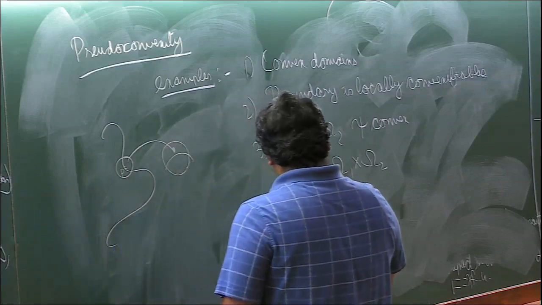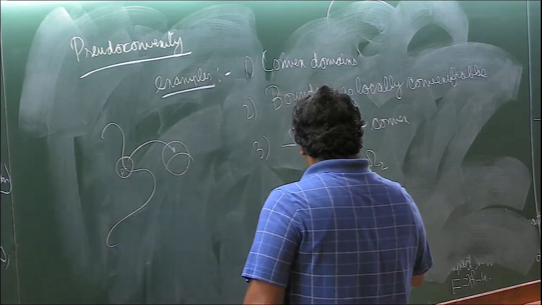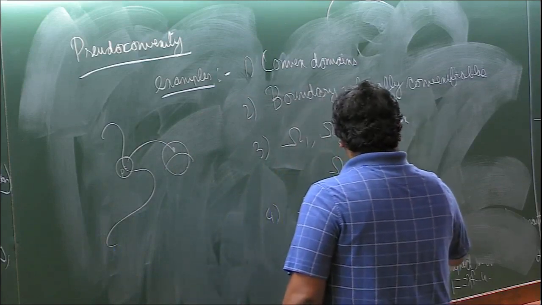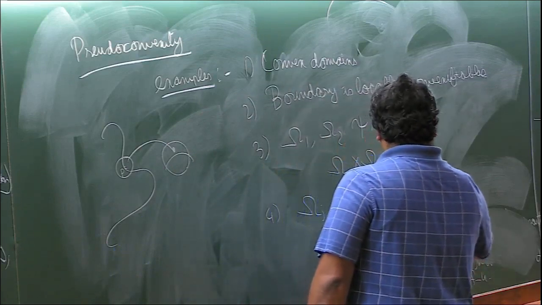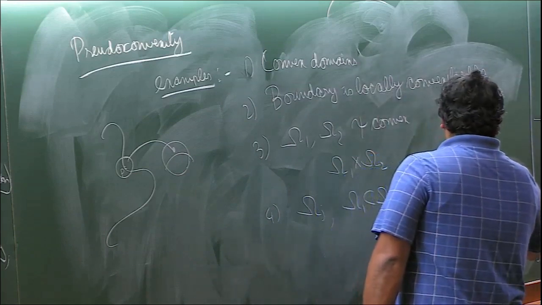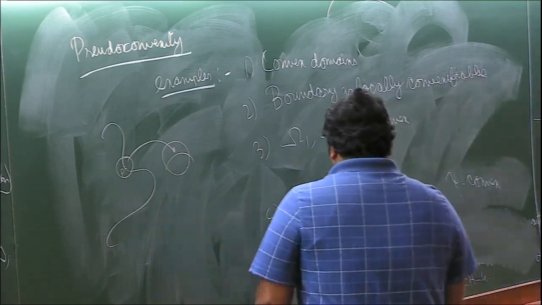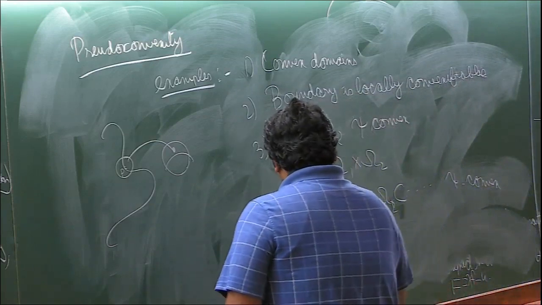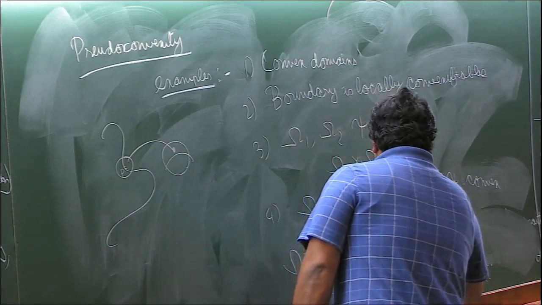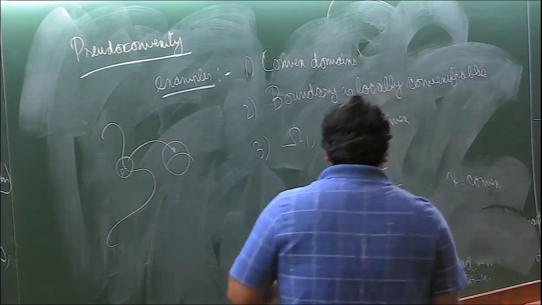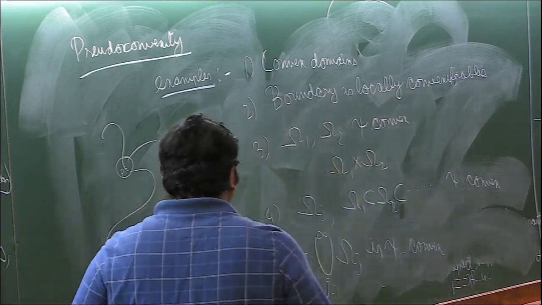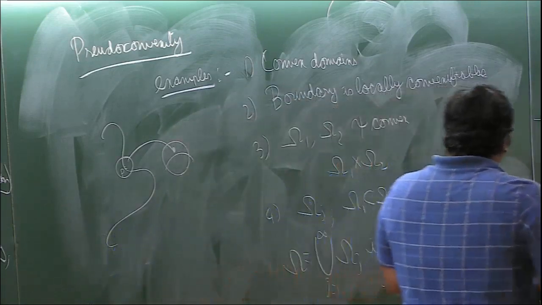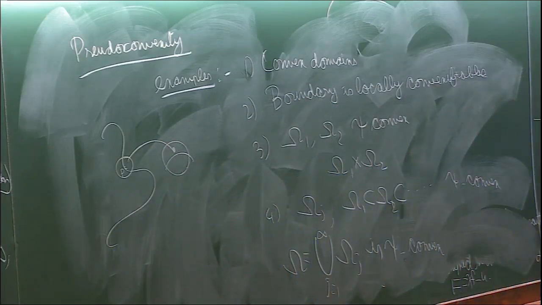And if omega j is an increasing family of pseudo-convex domains, then you can take their union, for example. This gives us some idea how these things are, but we'll have another way of looking at this now, in terms of the geometry of the boundary.